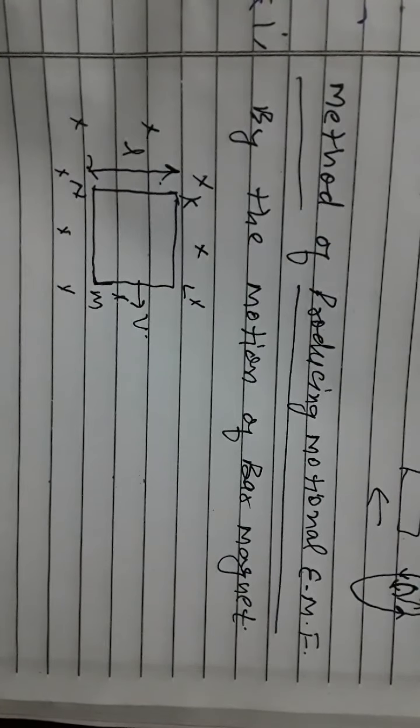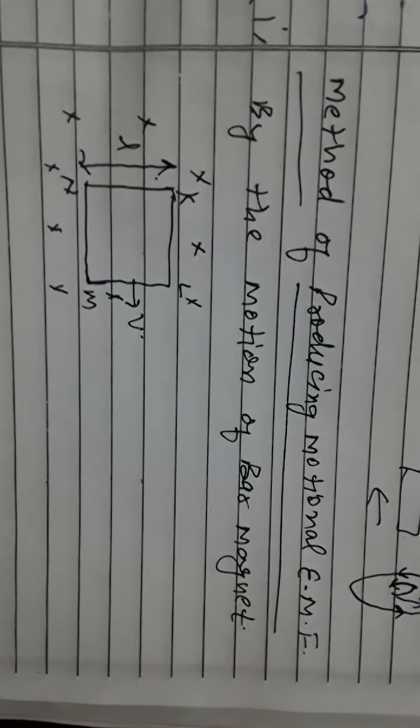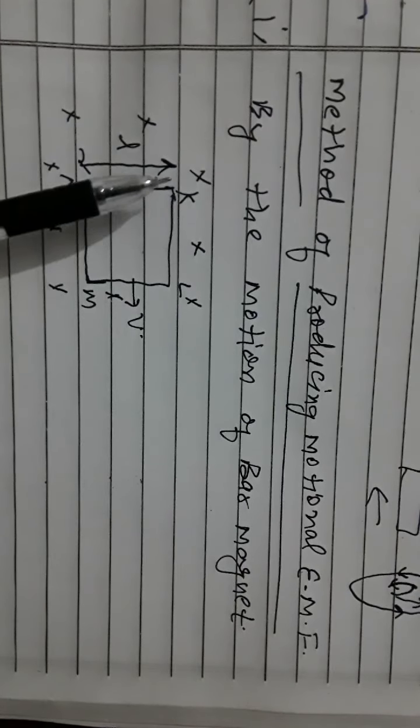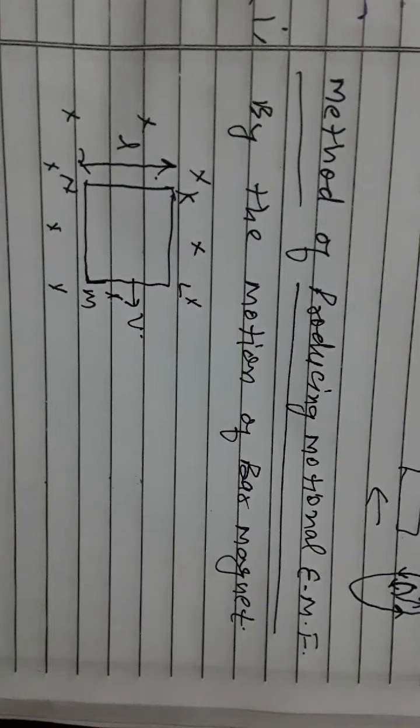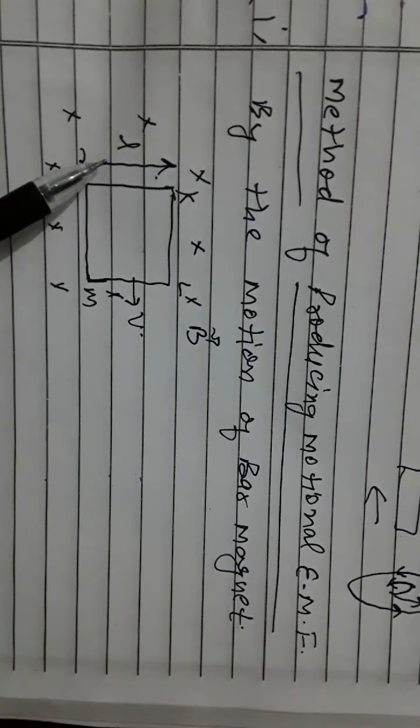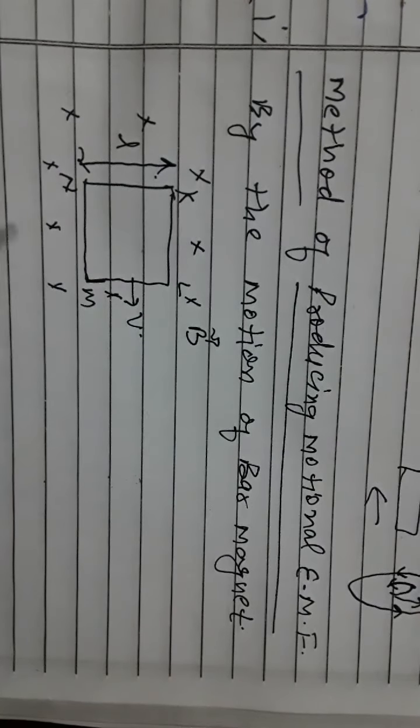Next topic is methods of producing motional EMF. First, by the motion of a coil in a magnetic field. Let a rectangular coil KLMN be placed in a uniform magnetic field B. Let L be the length of the coil and v the velocity.